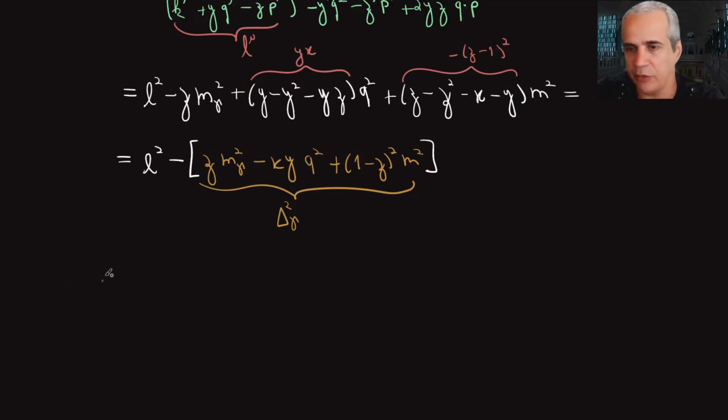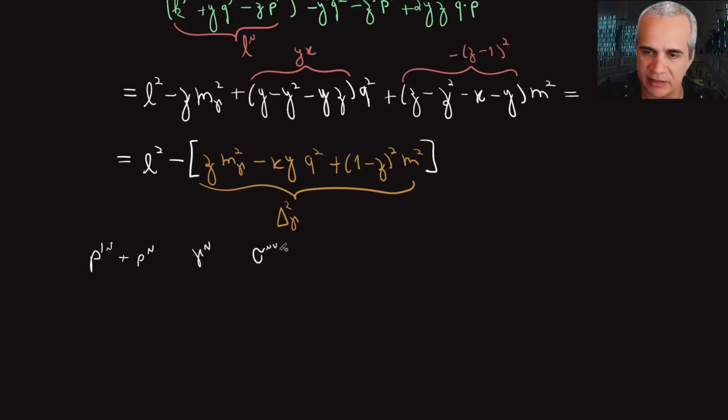Also, another thing that you can use here is the Gordon identity. Eventually you get a p prime plus p, right? And that can be substituted by a part that has only gamma mu and another one that has the structure of F2, right? Because we want to write this in terms of something times gamma mu and another something times this structure, because that will allow me to see the correction to the form factors, right?